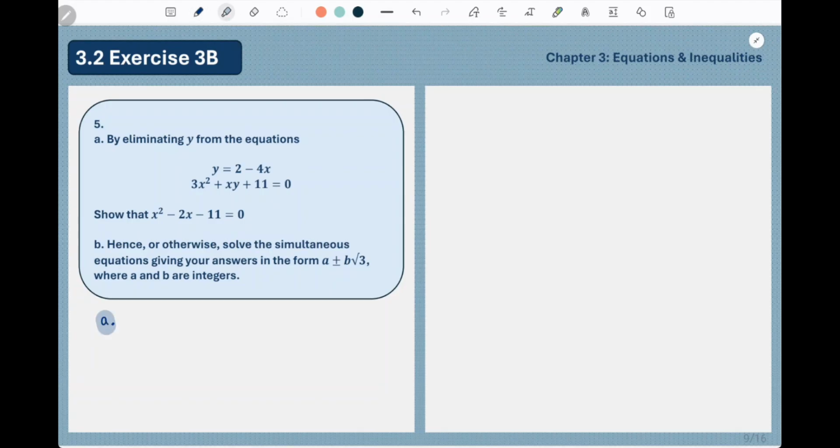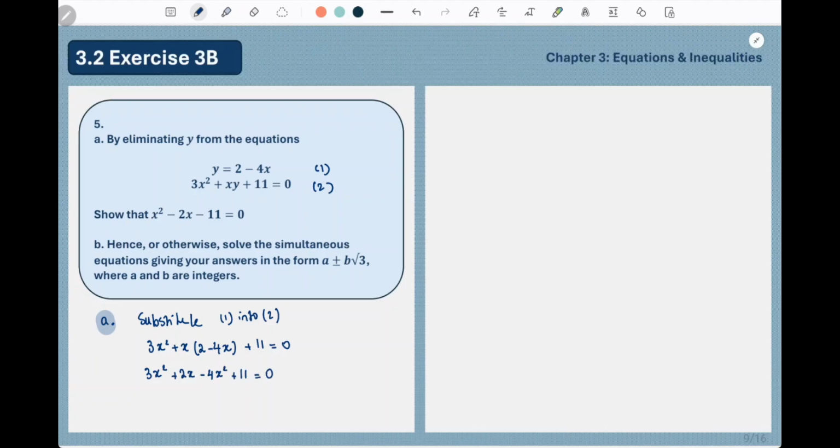For part A, I'm going to substitute equation 1 into 2. That will give us 3x squared plus x, and whenever I see y, I'll replace it by 2 minus 4x, plus 11 equals 0. So 3x squared plus 2x minus 4x squared plus 11.